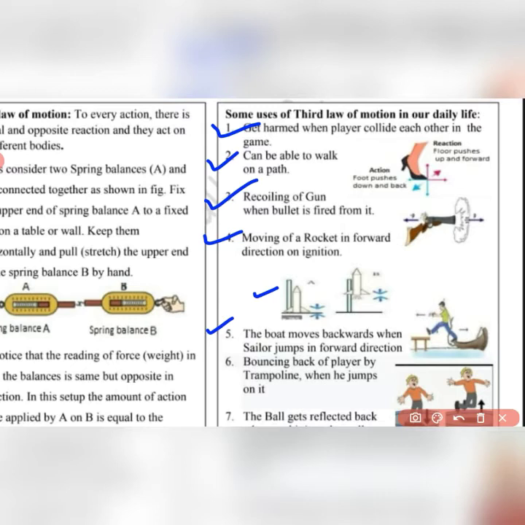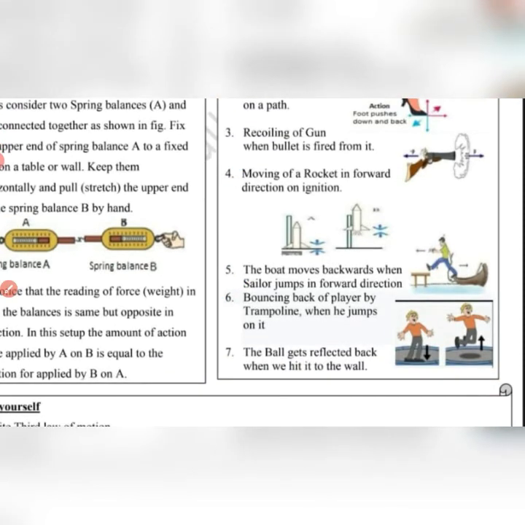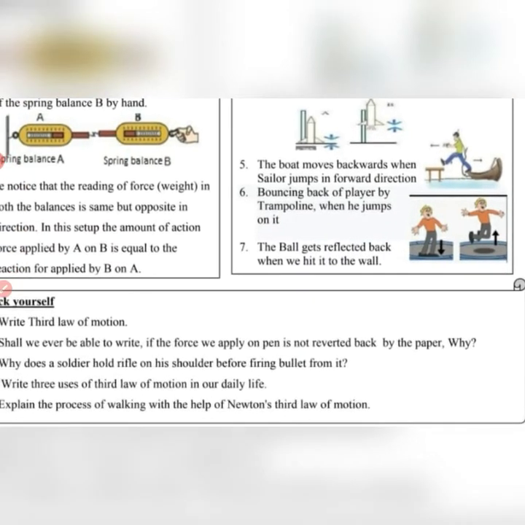The boat is exerting force on the sailor to move forward, and the sailor in turn is exerting force on the boat, due to which it moves backward. Both are moving in opposite directions and the magnitude is the same. Another example is the bouncing back of a player by a trampoline when he jumps on it. And the last example, as we have seen, the ball gets reflected back when we hit it on the wall.